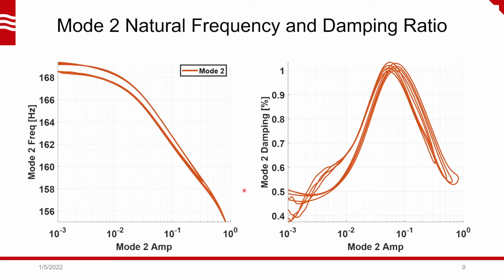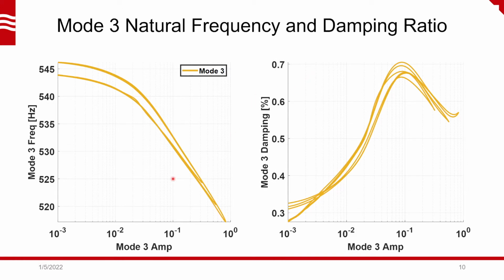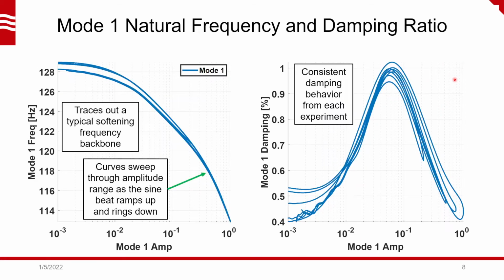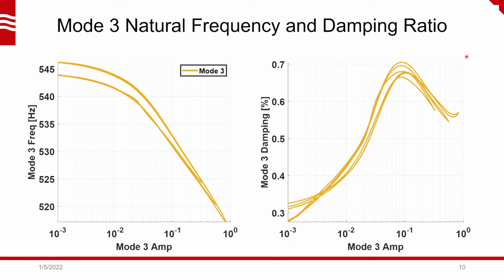Mode 2 has very similar behavior, with a softening backbone and this bell-shaped damping, increasing and then decreasing. And mode 3 is also pretty similar when it's excited on its own, with softening stiffness and an increase and then slight decrease in damping. So that's the three modes on their own, with very consistent nonlinear behavior.